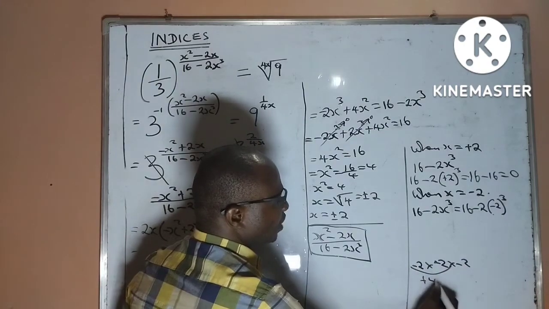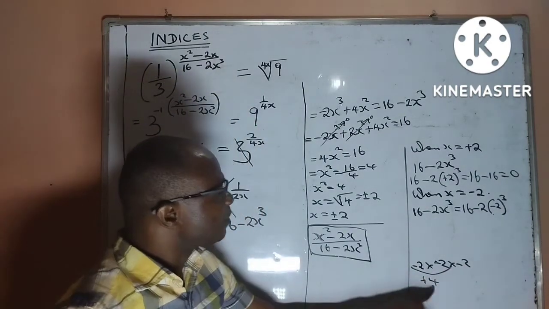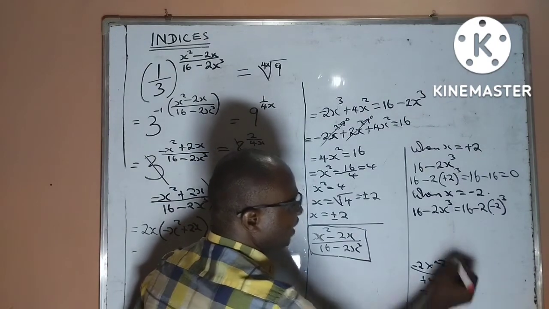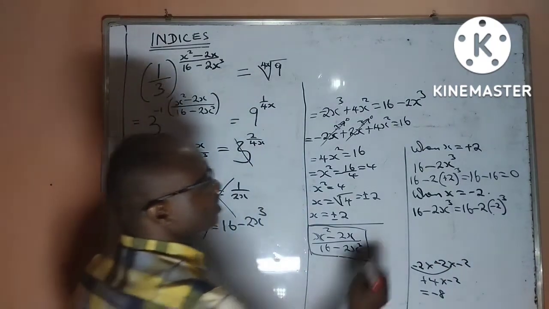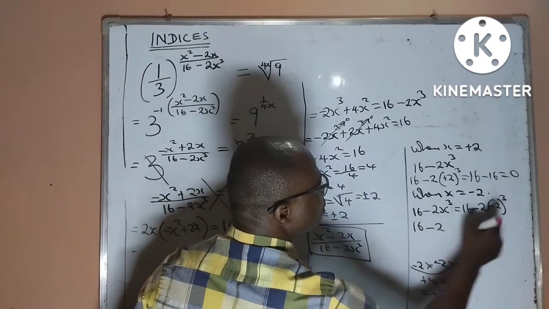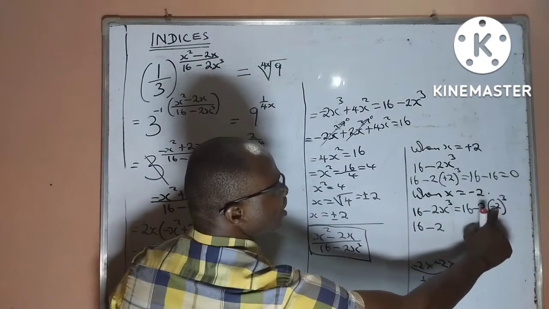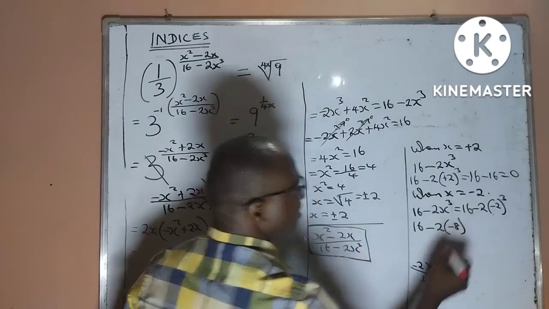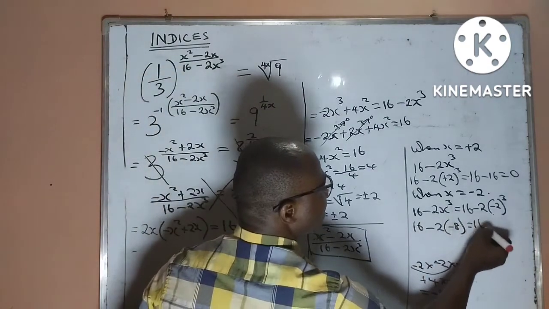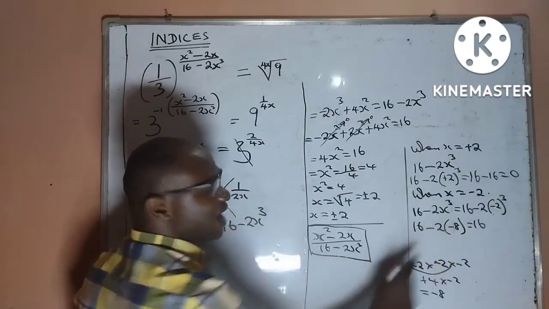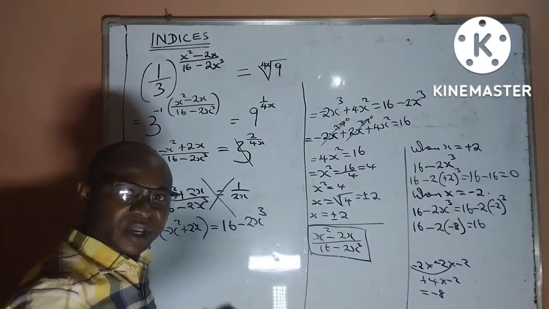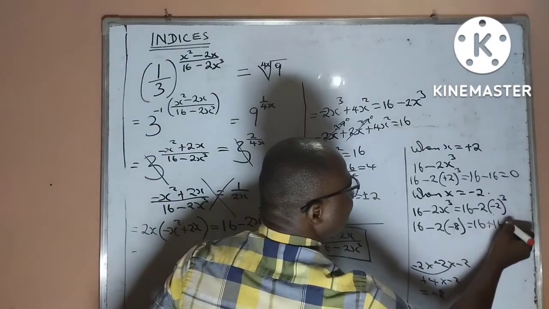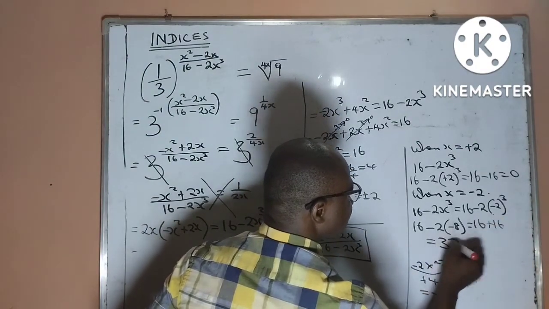Minus 2 times minus 2 will give me plus 4. And plus 4 times minus 2 will give me negative 8. I can now write that 16 minus 2 inside the bracket, that is negative 2 raised to the power 3, will give me negative 8. Which means I am going to have 16 minus 2 times minus 8 will give me plus 16. So I have plus 16. If I add it up, I will get 32.